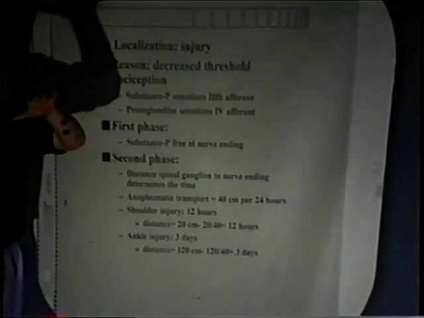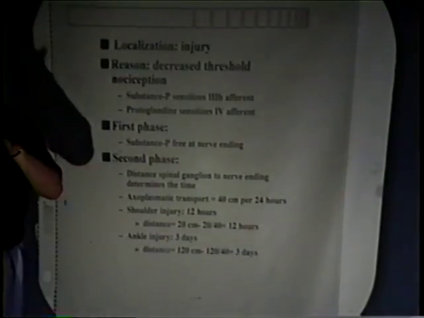So you hurt your shoulder, substance P releases. Then after 12 hours, the nerve endings again have that substance P. And of course, if we are talking about the substance P, the recruitment is also from the surrounding areas at the injury site. But that's minimal.